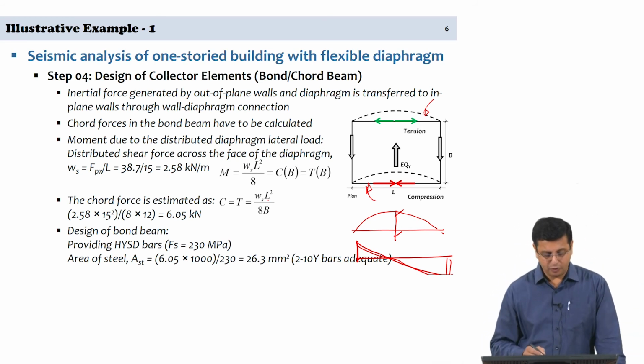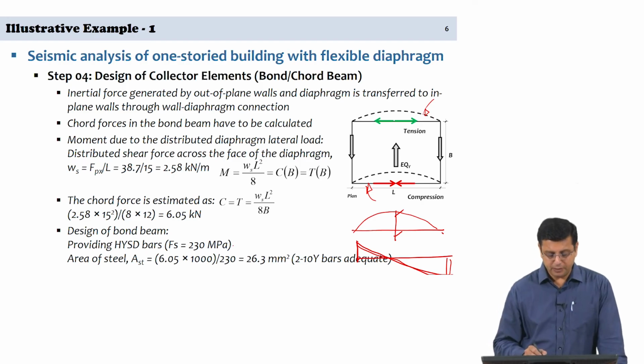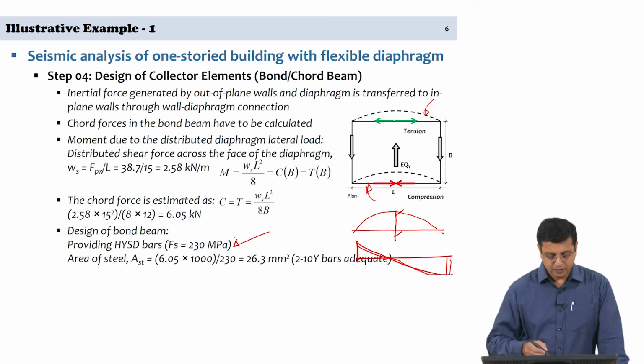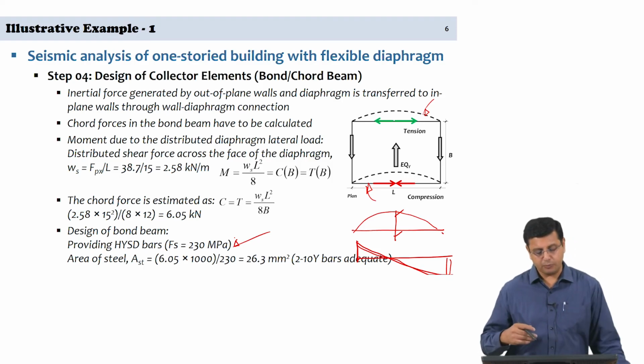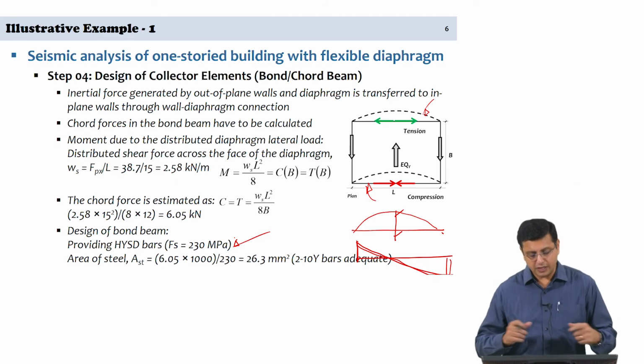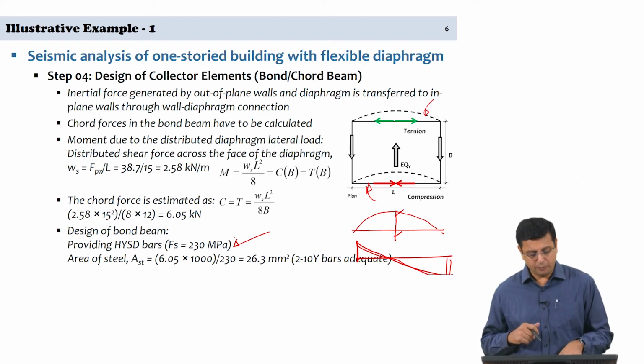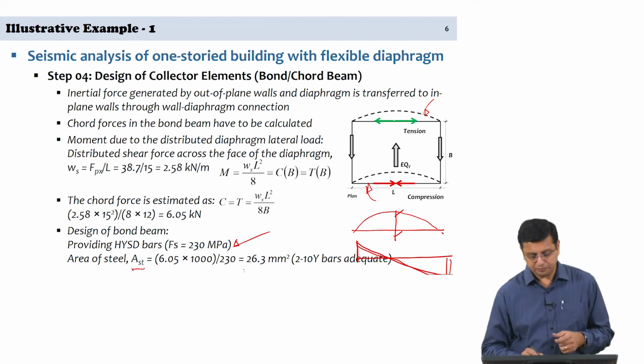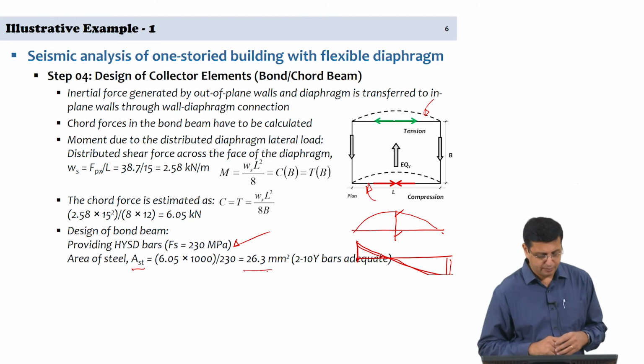We are looking at providing HYSD bars, and therefore, the permissible tensile stress of the steel, Fs, is 230 MPa. Therefore, the area of steel to counteract 6.05 kilonewton of tension or compression in the chord beam is calculated here. Ast works out to be about 26.3 square millimeters.